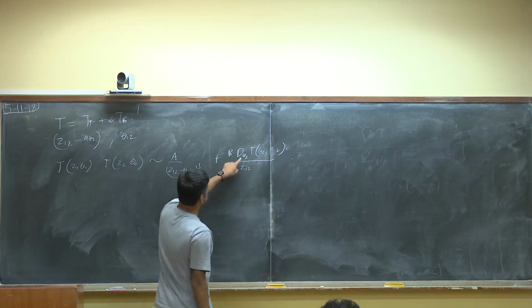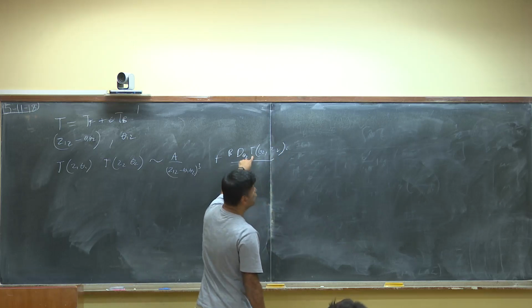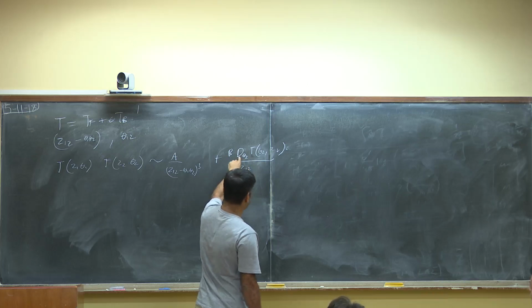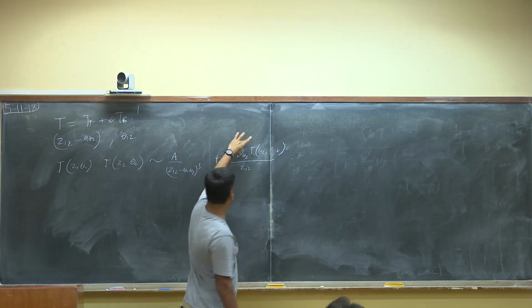So now let's see. This was dimension 2, 3 by 2, but then there's a half derivative, so the whole thing is dimension 2.